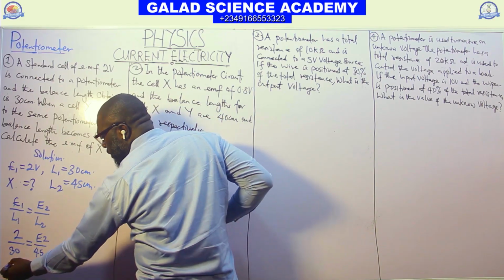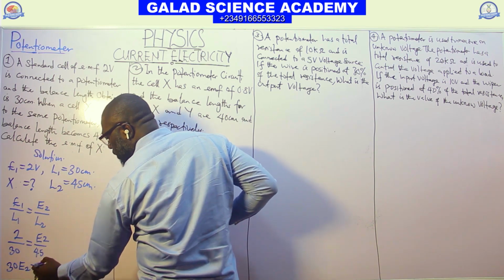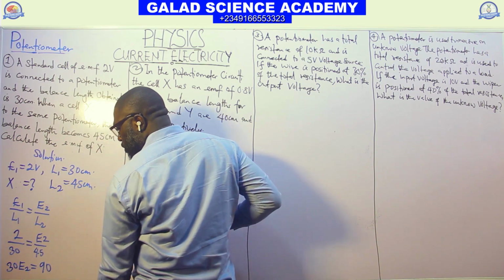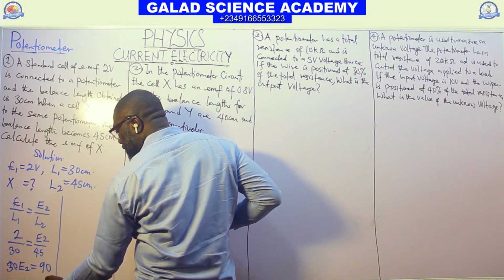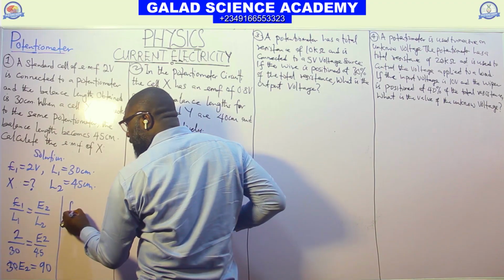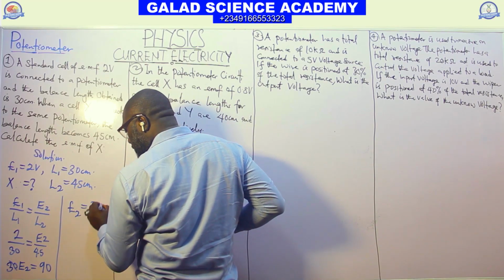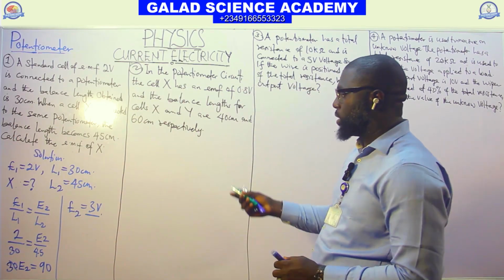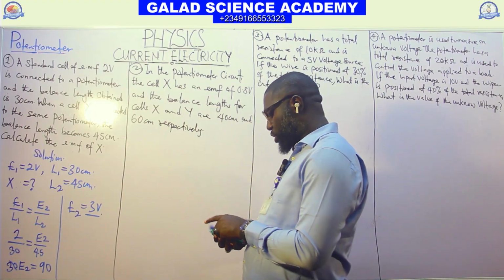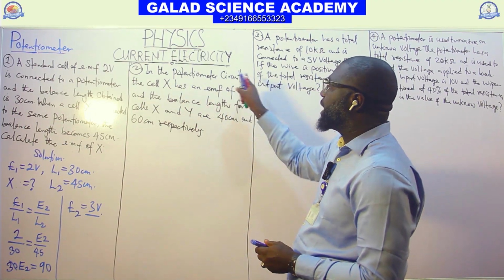From this expression, we have 30 E2 equals 2 times 45, which is 90. So we have 30 into 90, E2 will be equal to 3 volts. That's the value for E2. Simple.